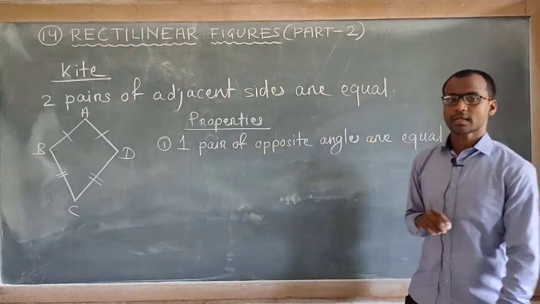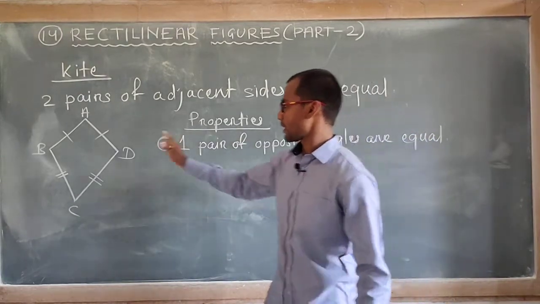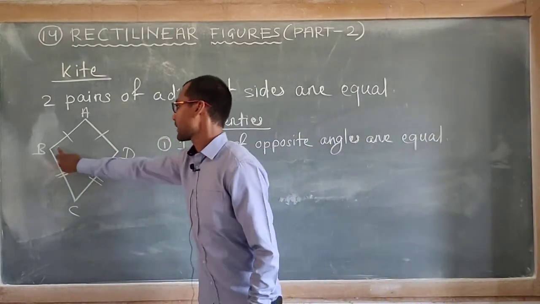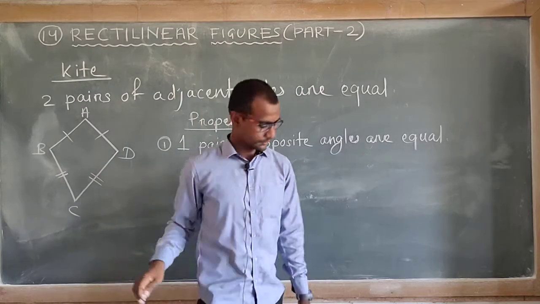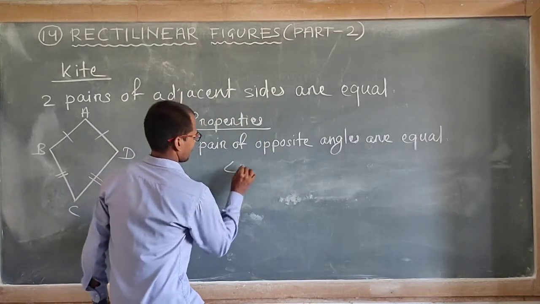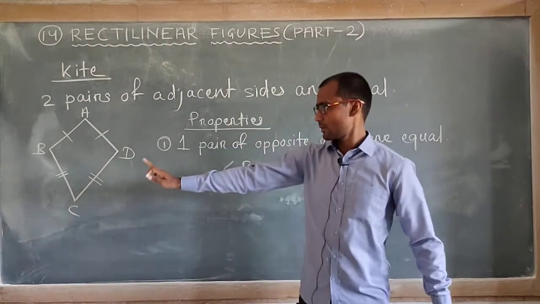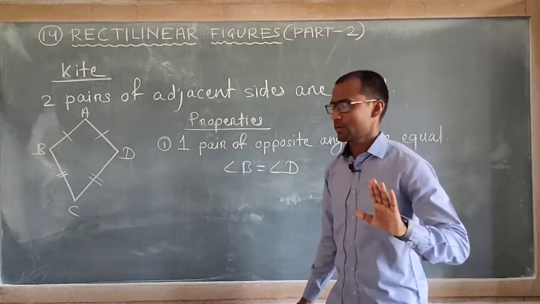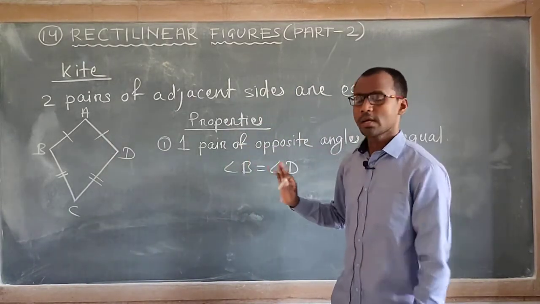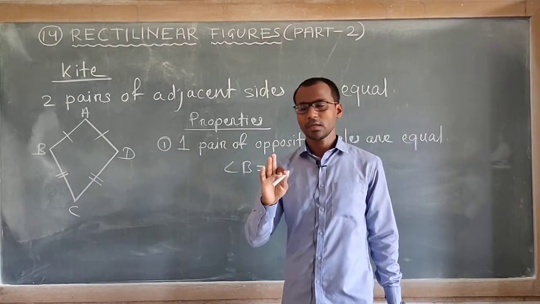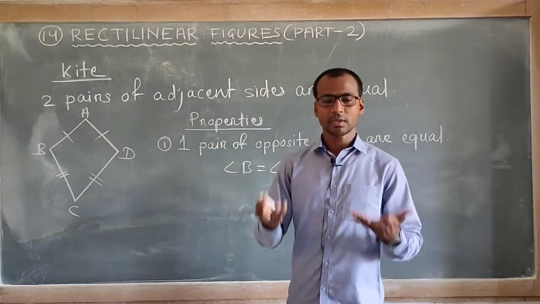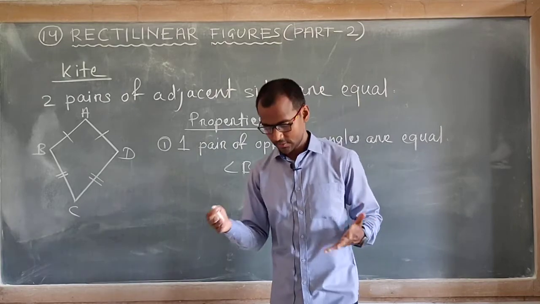One pair of opposite angles are equal, not both. Here for this quadrilateral, angle B will be equal to angle D, but angle A and angle C are not equal. Only angle B and angle D are equal. This can be proved using congruency, but I am not proving it. I am just giving the properties, otherwise it will be very lengthy.